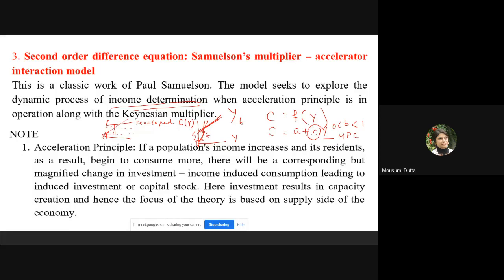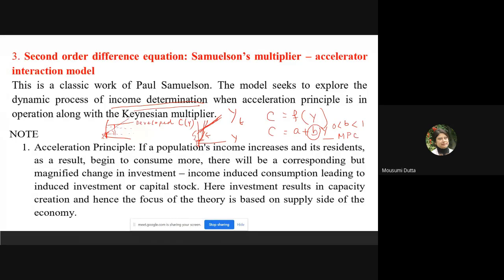So coming back to the acceleration principle, if a population's income increases and its residents as a result begin to consume more, there will be a corresponding but magnified change in investment. Now, if people start to consume more, suppliers will get incentive to produce more. If suppliers get incentive to produce more and more, at macro level, there will be an increase in investment.